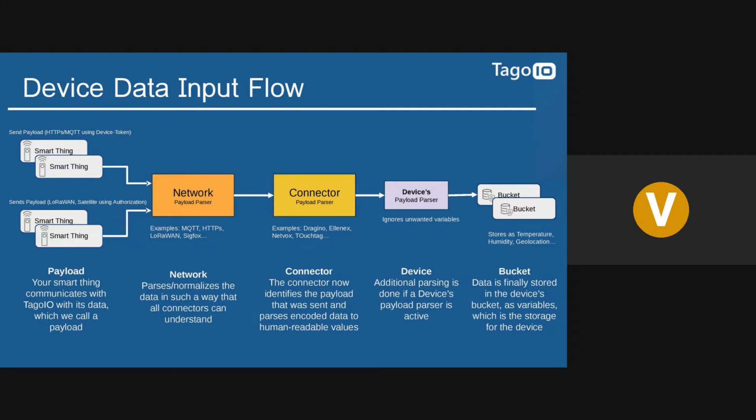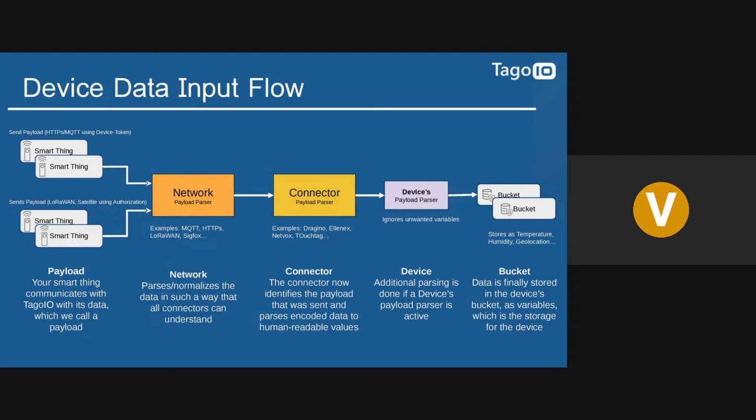And what actually happens at TagoIO when you first receive your data is it goes to a network. And network is another feature inside your profile, which you can create and work with if you want to, which has the first payload parser that will be analyzing the data that was sent by your devices. And usually the network has the job of normalizing the data, which means converting the data.